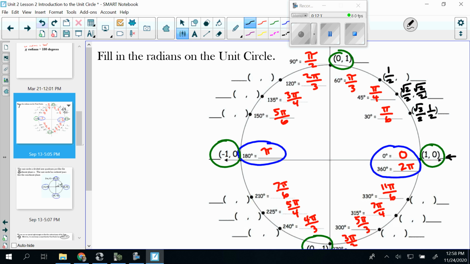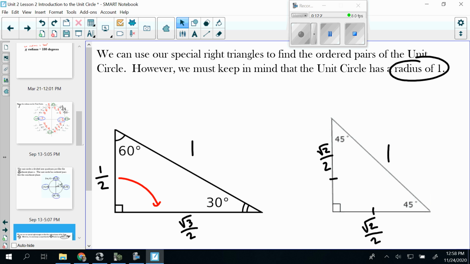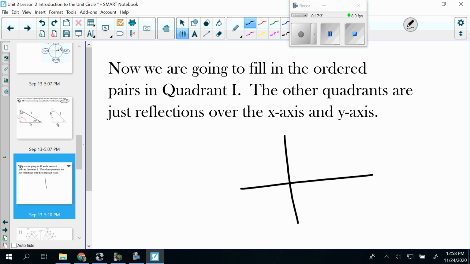To get the remaining ones, we're going to use symmetry and what we know about ordered pairs on the axes here. So if we're going to fill in the other ones, they're just reflections. And also we want to know what kind of ordered pairs you get in each quadrant. Well, in quadrant 1, anything in this quadrant, both x and y come out positive.